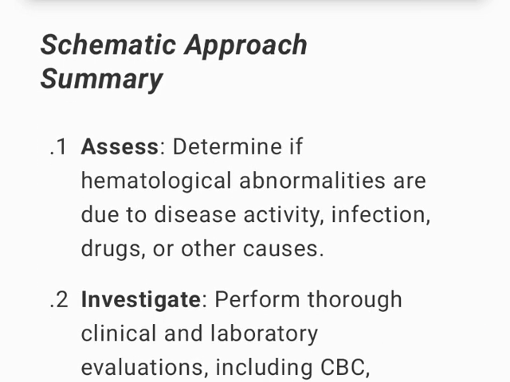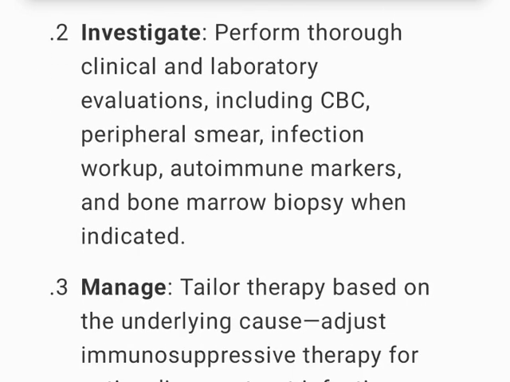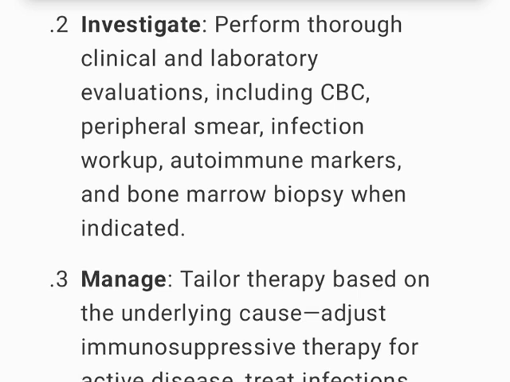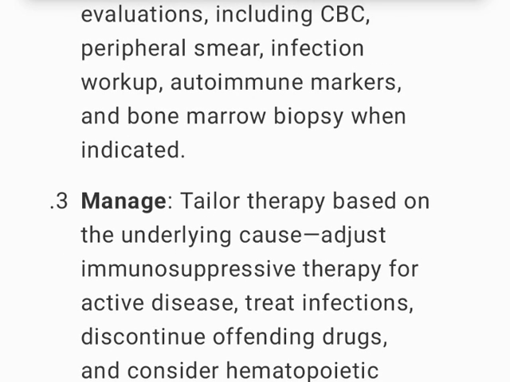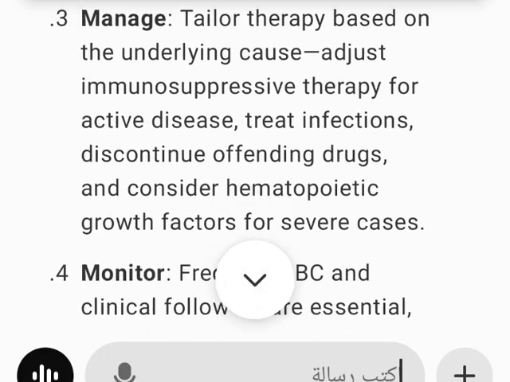Schematic approach summary. 1. Assess. Determine if hematological abnormalities are due to disease activity, infection, drugs, or other causes. 2. Investigate. Perform thorough clinical and laboratory evaluations, including CBC, peripheral smear, infection workup, autoimmune markers, and bone marrow biopsy when indicated. 3. Manage. Tailor therapy based on the underlying cause.